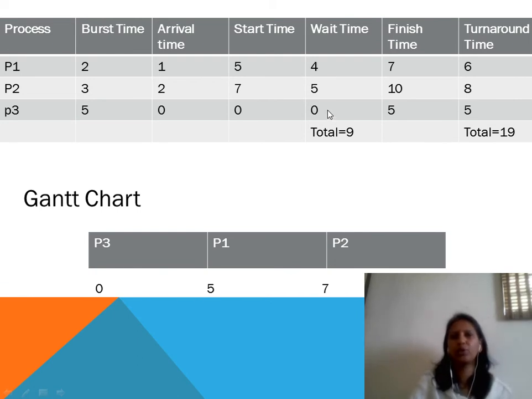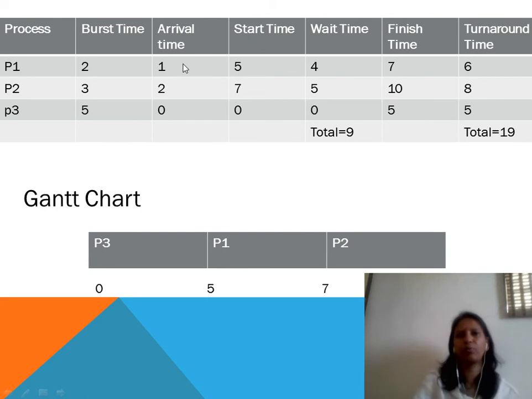Wait time is the time that is wasted by a particular process in the ready queue. We will calculate it using the formula start time minus arrival time. For the P1 process the start time is 5 and it arrived at 1 time unit, so after the subtraction the wait time of this process is 4 time units.